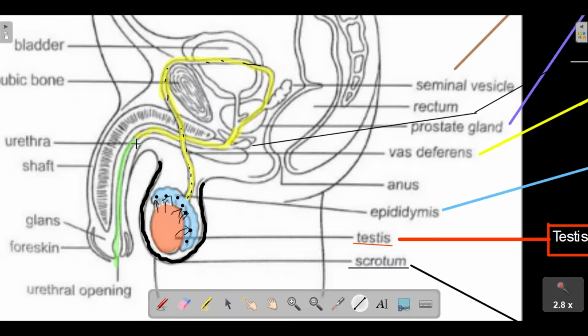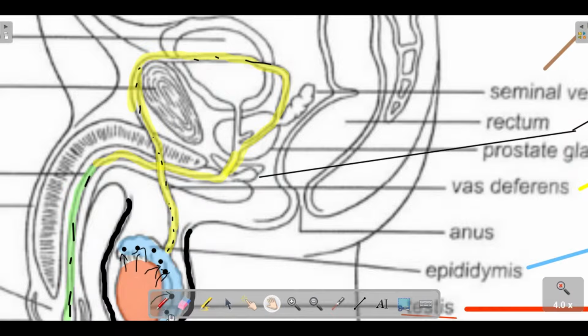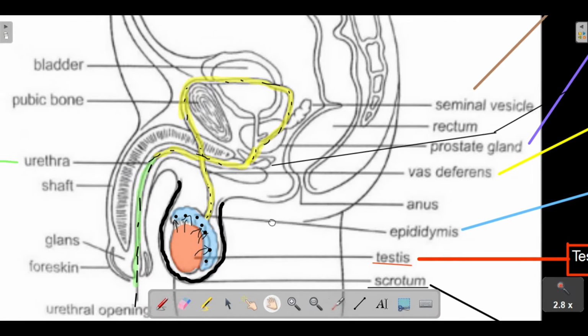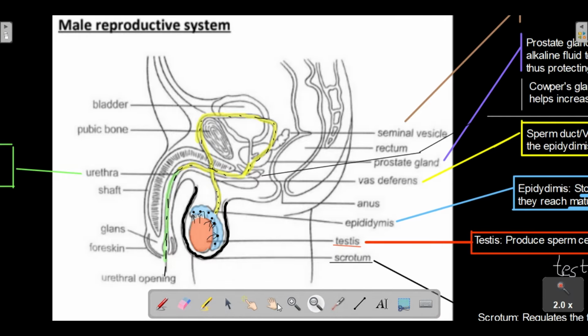So the urethra is the tube that moves sperm cells out of the body. If we follow this path, you would find out that the sperm duct actually connects the epididymis to this urethra. There we go. So it connects those two. That is its primary function, right?